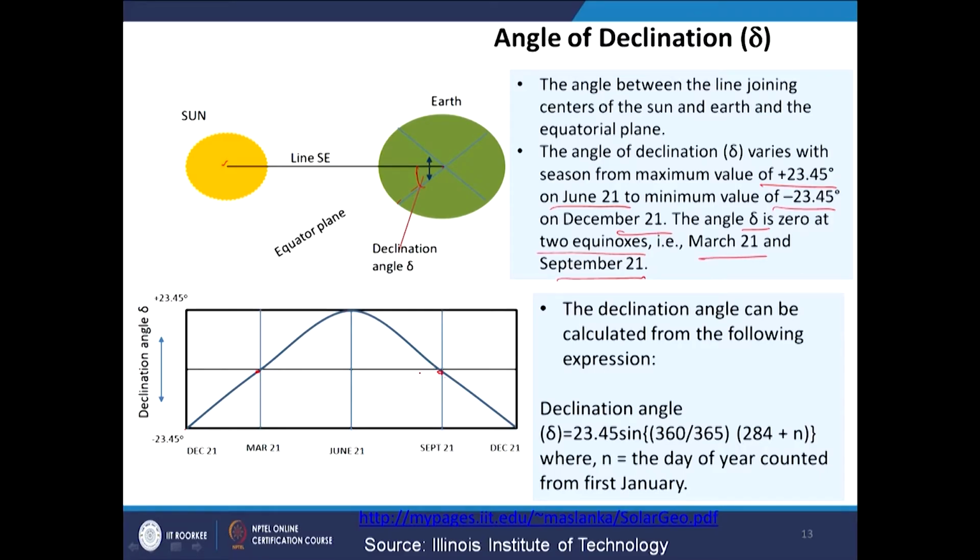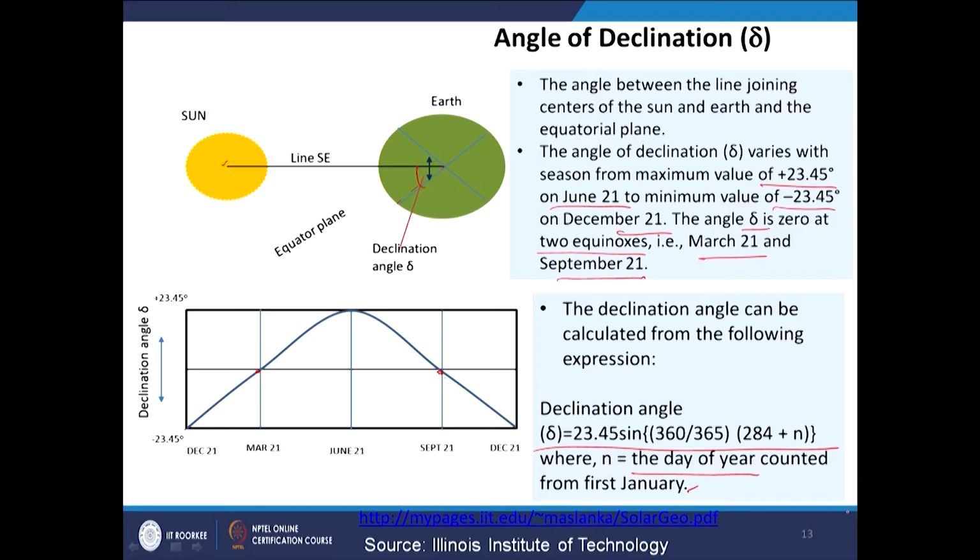So, we can calculate the del value at any time by this formula: del is equal to 23.45 sin of (360 by 365 into (284 plus n)), where n is the day of the year counted from 1st January. Say 1st January, 2nd January, like this.